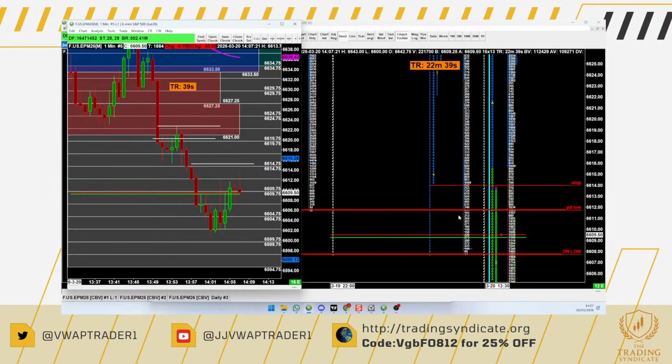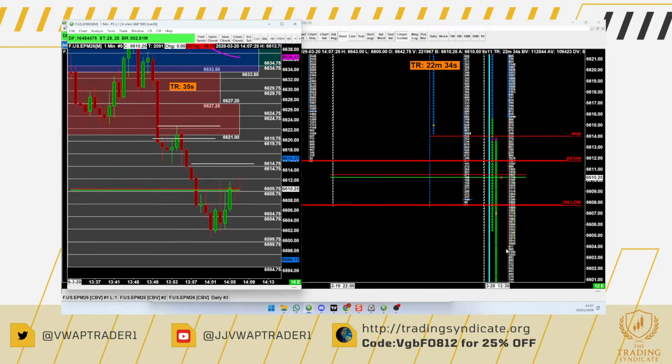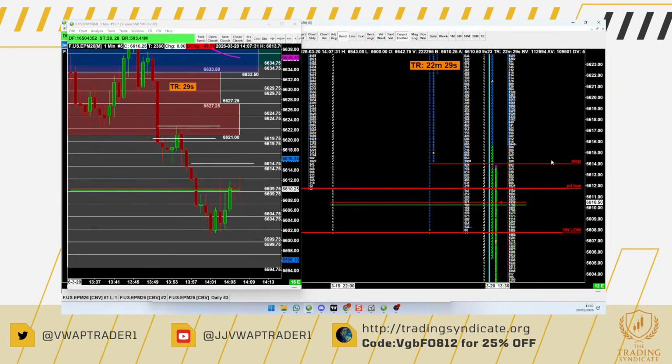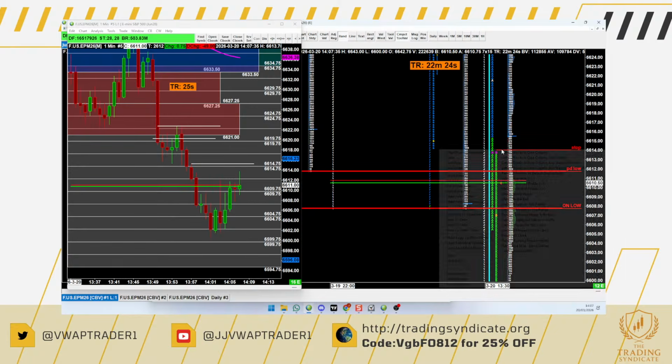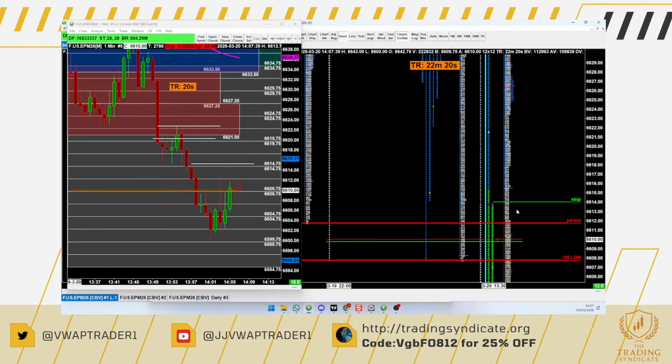But just wait, because the problem is there's all of this liquid inventory between 4 and 8, and they're going to be selling it at 10, 12. They'd be idiots if they didn't. So try and wait until we get that rip back up.